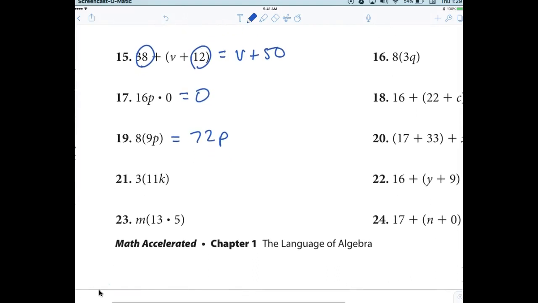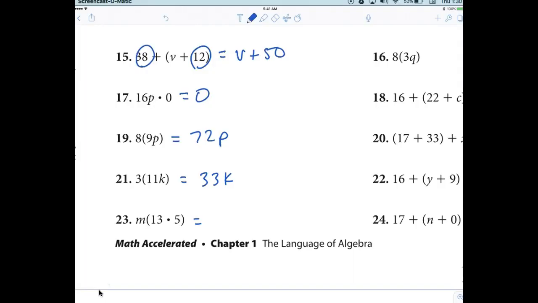That's all right. And then 21 must be 33K. And then 23. Whoa, come on. 13 times 5, that's embarrassing. You should know what that is. 65, because you would say 5 times 10, and then 5 times 3, then add them in your head. 65M.